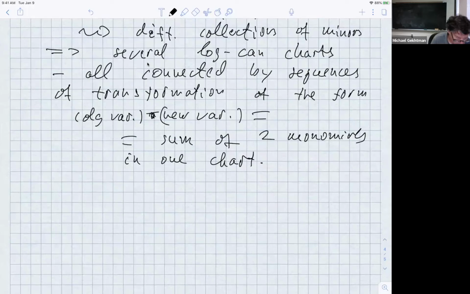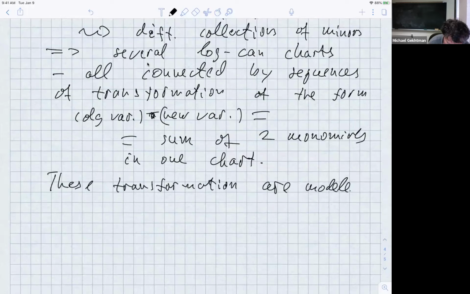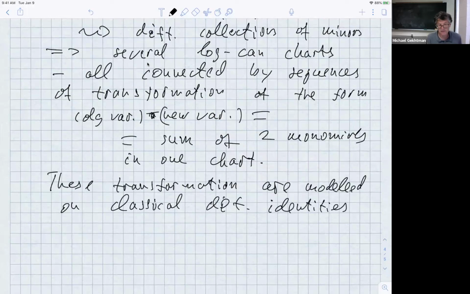So in fact, these transformations will be modeled on classical determinantal identities. So cluster transformations, well, it turns out we all learned them in undergraduate linear algebra classes, if we were lucky enough to cover this.